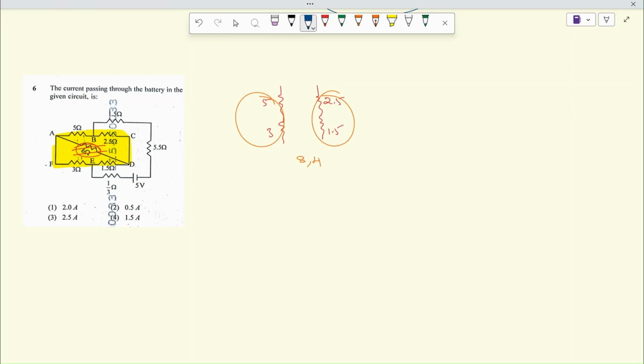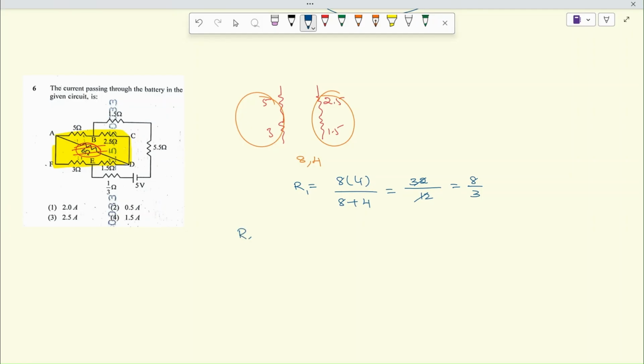So what will be the combination? That resistance, that rectangle part resistance will be, let's say R1, 8 into 4 by 8 plus 4, which is 32 by 12. So how much is this? 8 by 3. This is the resistance of the rectangular part. Now clearly this is in series with other 3.